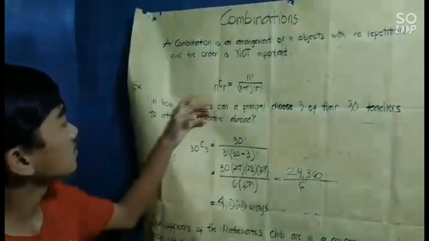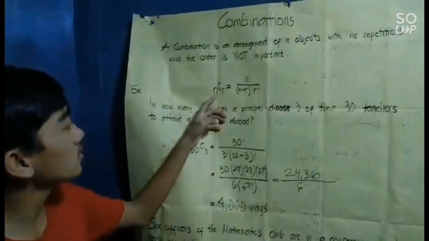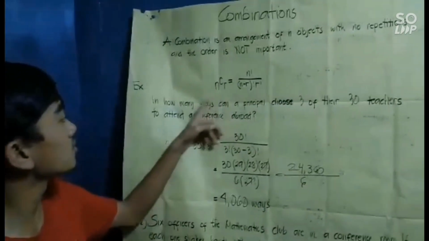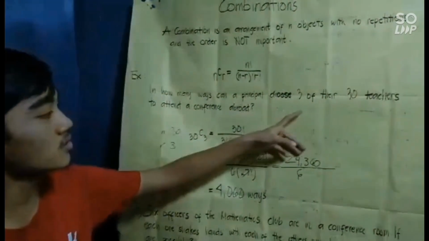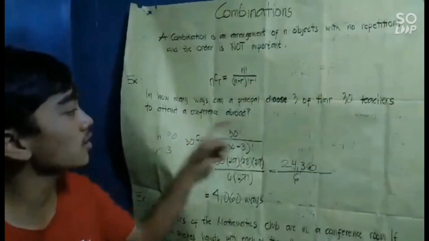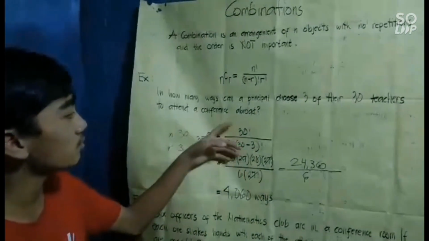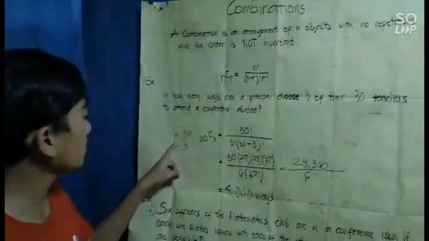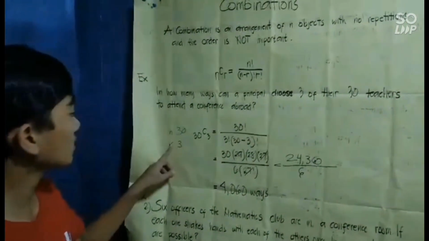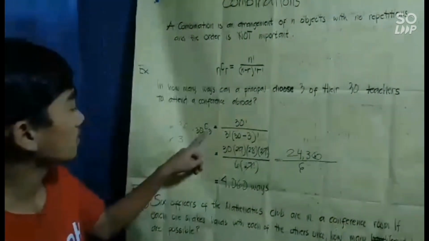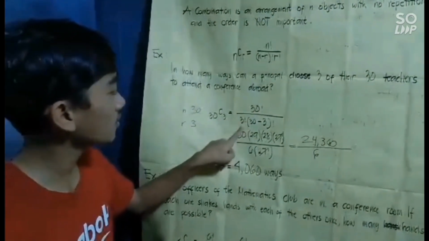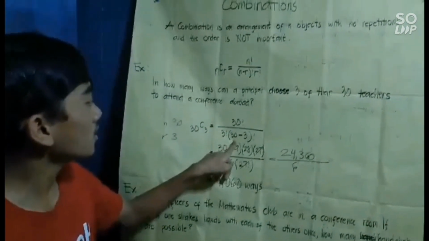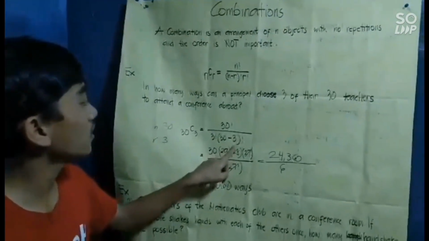First, formula of combination. In how many ways can a principal choose 3 of their 30 teachers to attend a conference abroad? We have n equals 30 and r equals 3, and combination equals 30 factorial over 3 factorial times 30 minus 3 factorial.